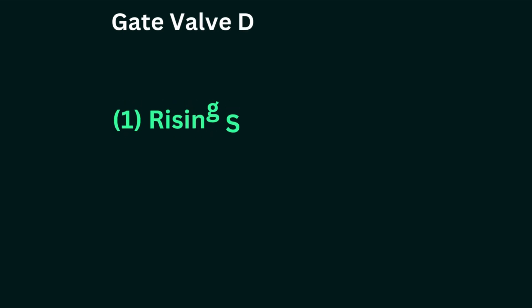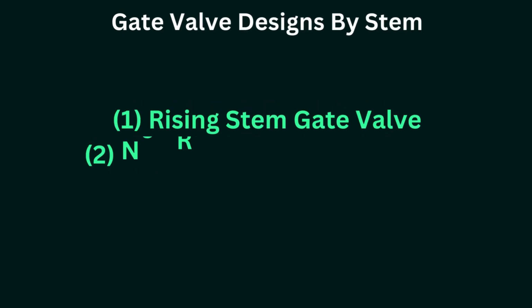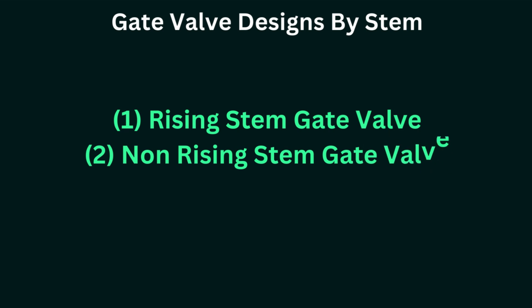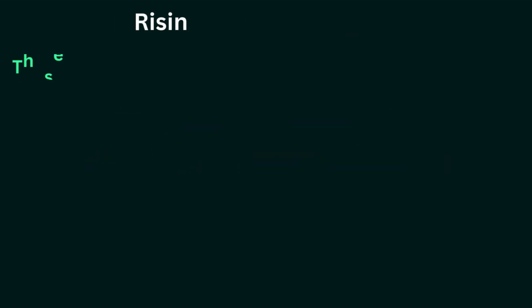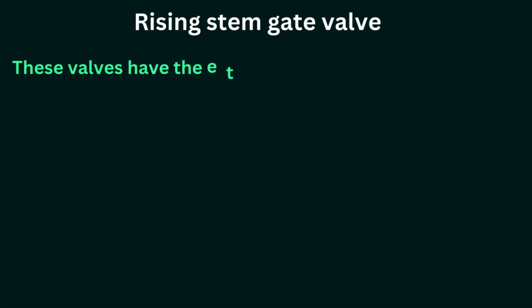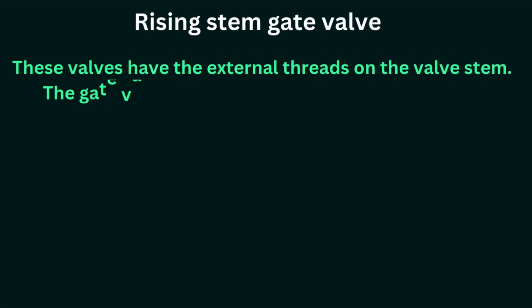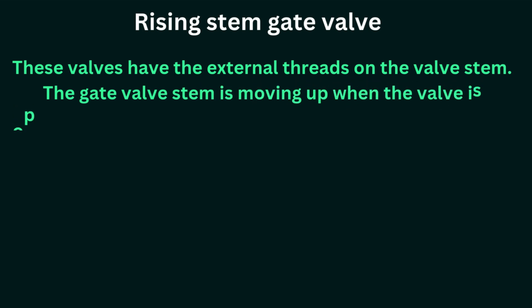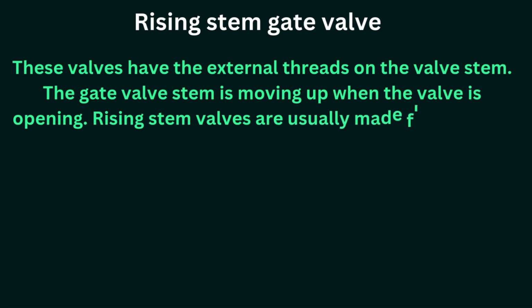Gate wall designed by stem: 1. Rising stem gate wall. 2. Non-rising stem gate wall. Rising stem gate wall. These walls have external threads on the wall stem. The gate wall stem moves up when the wall is opening. Rising stem walls are usually made from cast or forged steel.